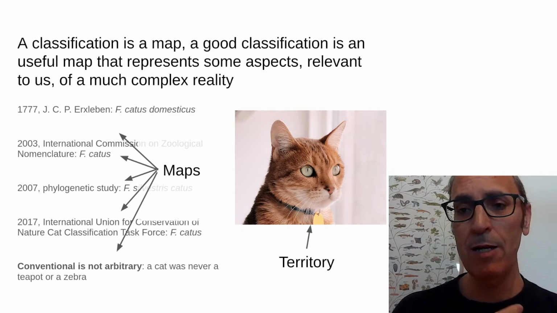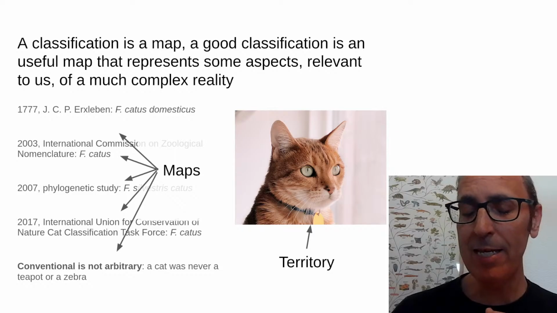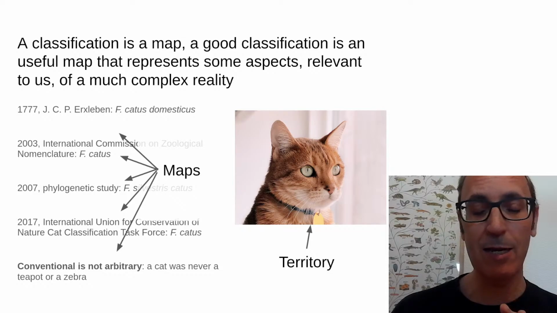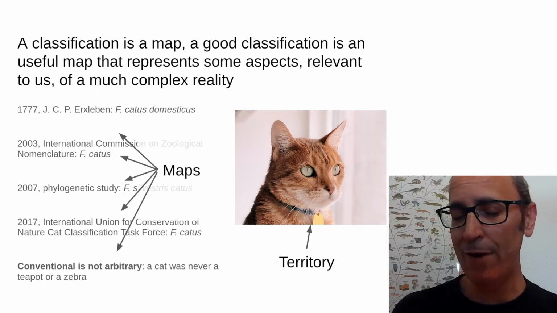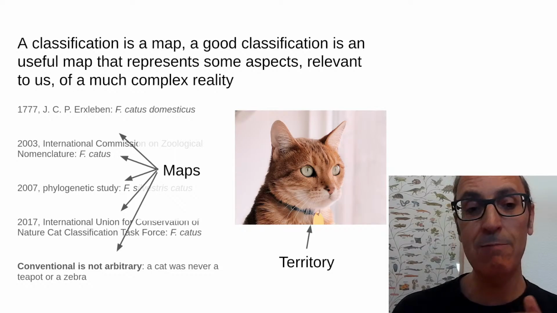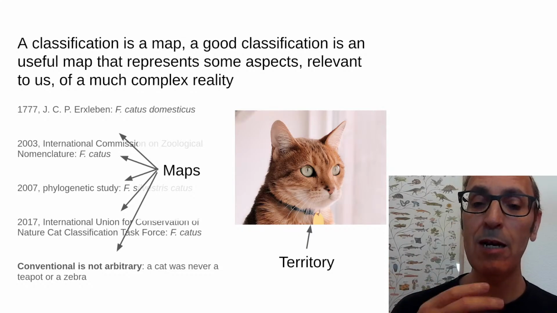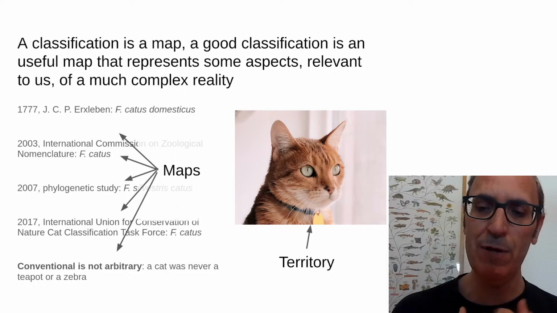So what we have is cats in the territory, and cats belong to a very complex family that is again like a fractal. And then we create taxonomies. These are our maps, the ways in which we represent reality.